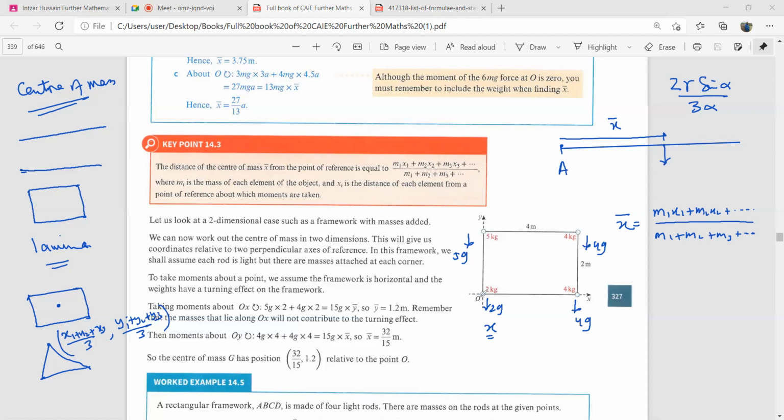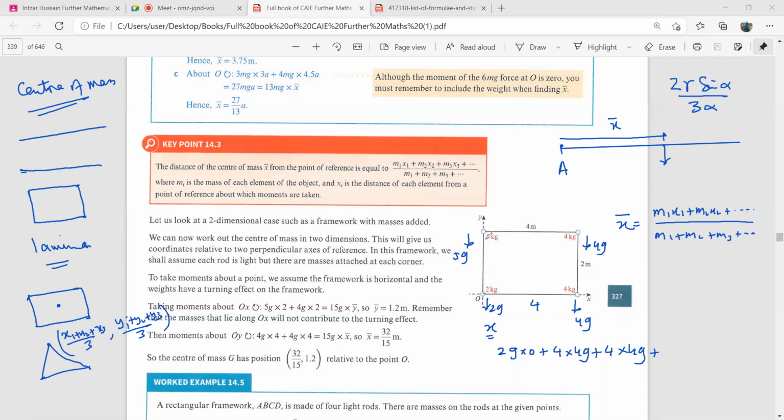Now, at the point O, the x coordinate is 0, so its moment is going to be 2g times 0. This 4g has an x coordinate which is 4, so this is going to be 4 times 4g. Similarly, this 4g also has the x coordinate 4, so this is 4 times 4g.